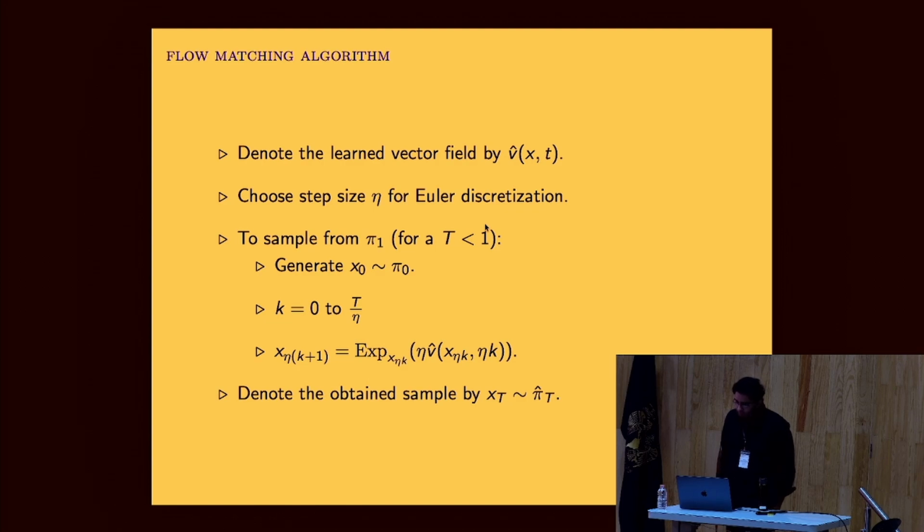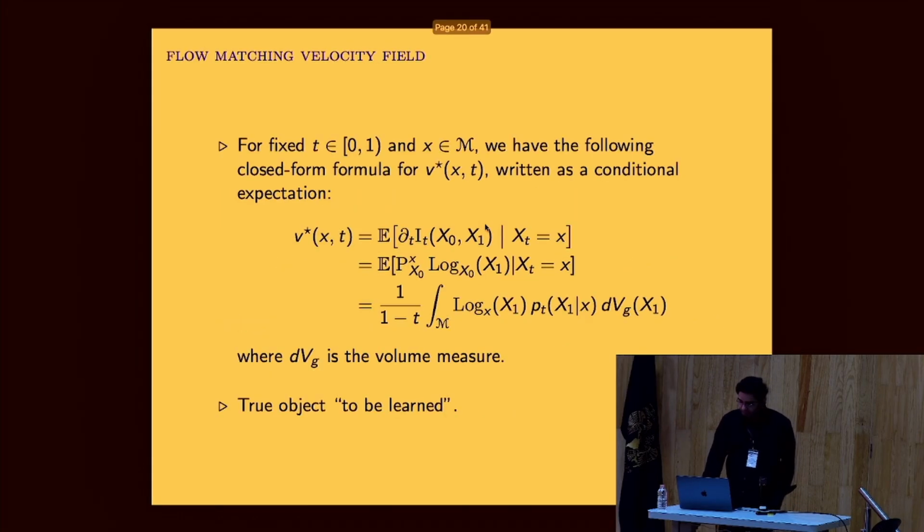So as was also briefly alluded to in yesterday's talk, we always do an early stopping in this context because, as you can see, the true velocity field itself has a 1 over 1 minus t in it. So you cannot take t too close to 1 because it's going to blow up, right?